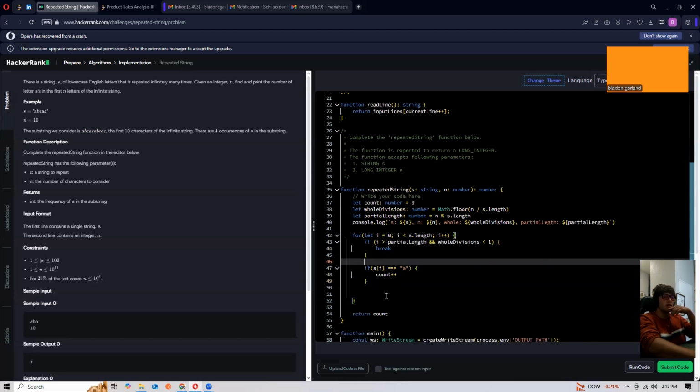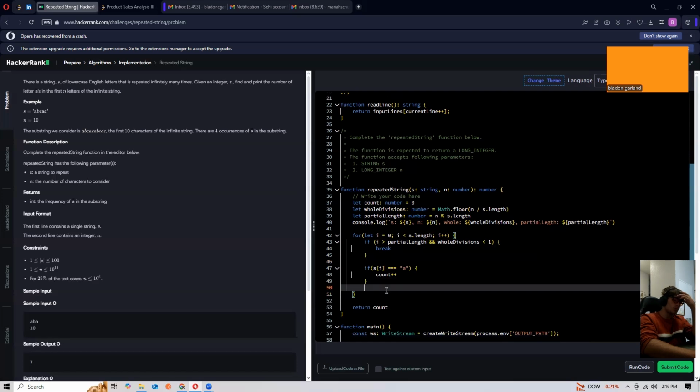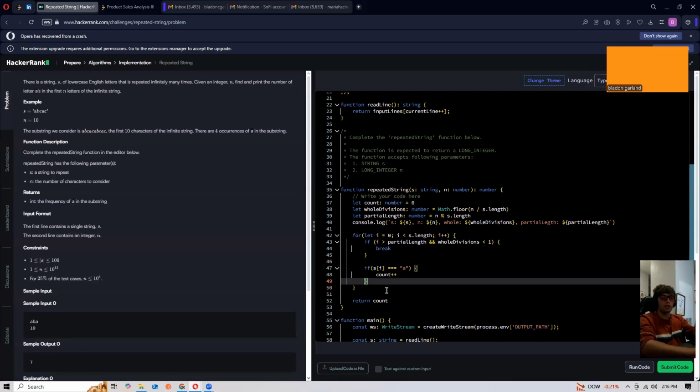My thinking here is that we're going to iterate once over the string, and we're going to record all the A's within the partial length. And if we surpass the partial length, like if we read beyond the partial point of the string, we need to make sure at that point that there are multiple whole divisions.